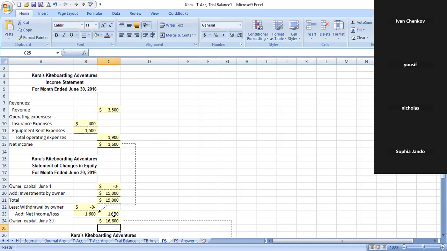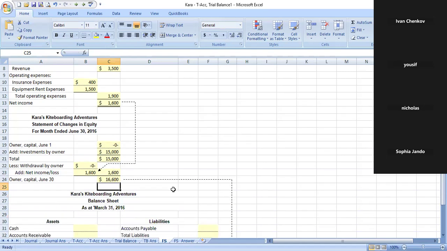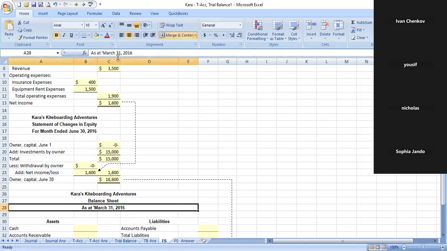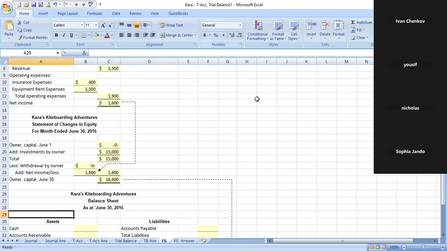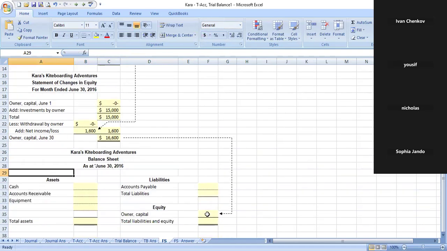Now the owner's capital, as of June 30th, we're going to represent as the equity. Make sense?